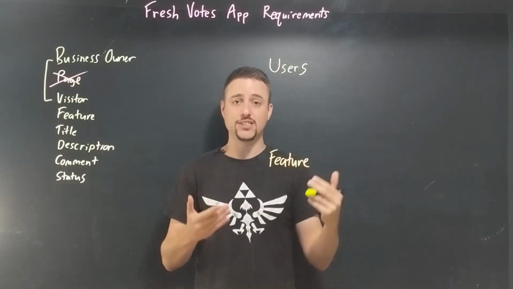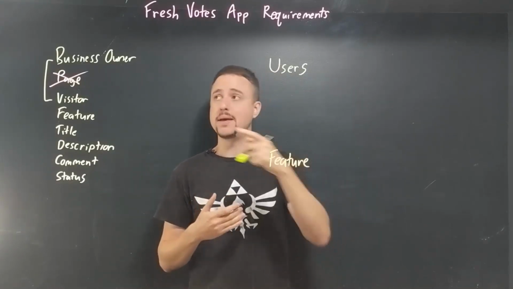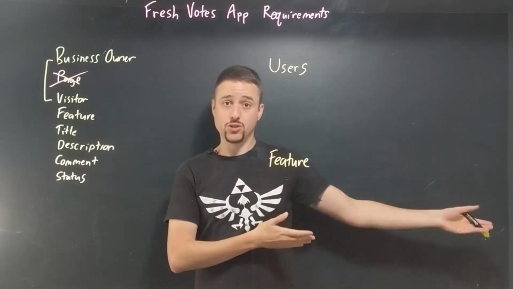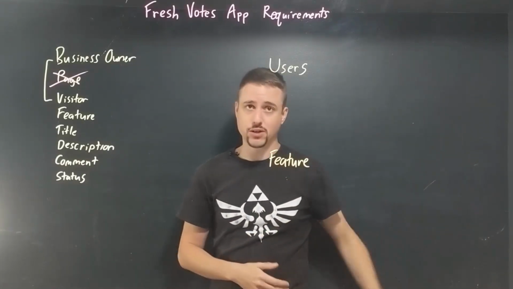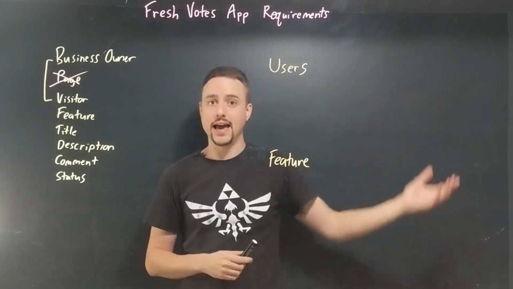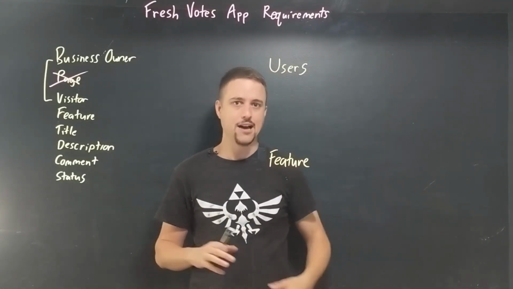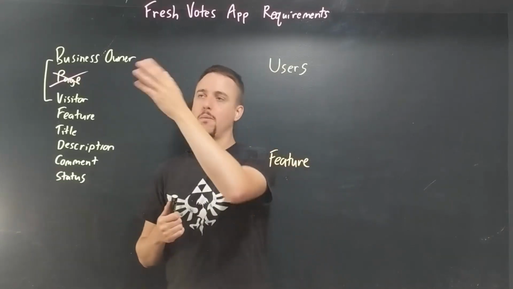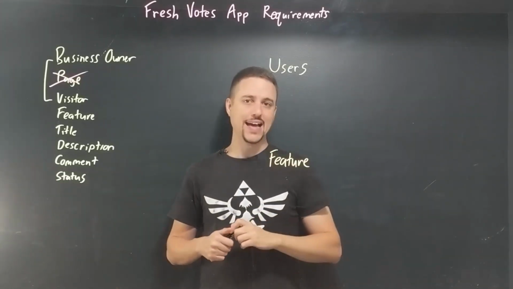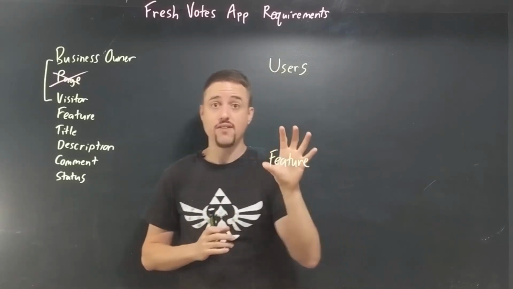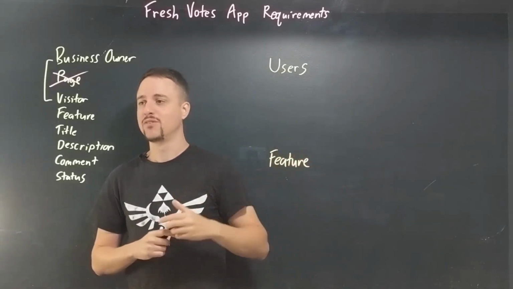People are going to be suggesting features that the business owner should put into their app, whether it's a social media app or a dating app or a financial planning app or what have you, whatever app the business owner has, these are features that are being suggested. So this is a core thing. So definitely there needs to be a database table for the feature.